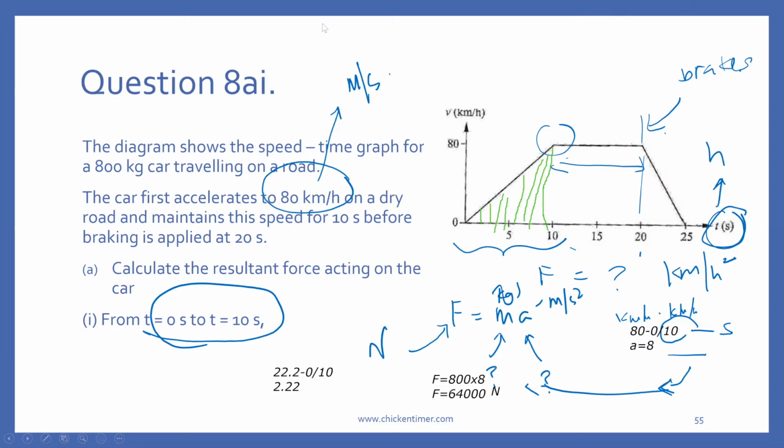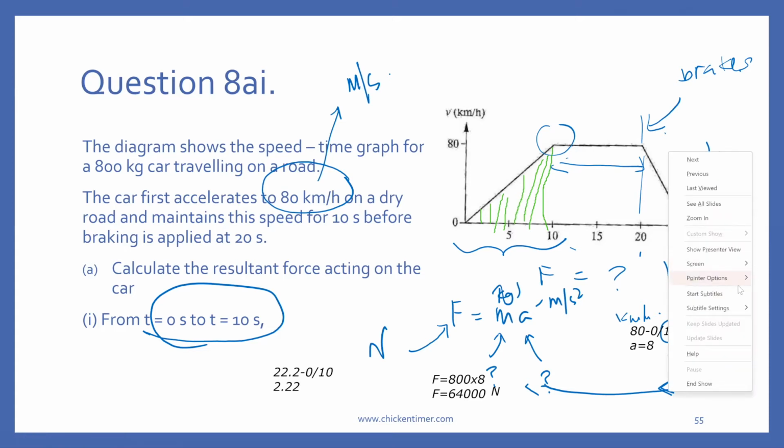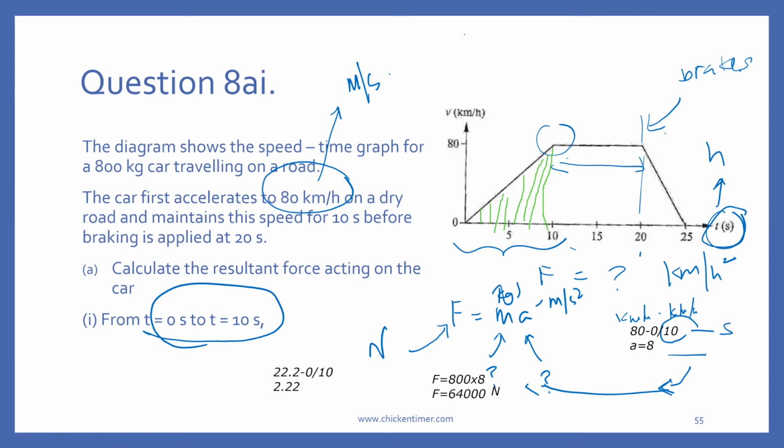Okay, how do we get 22.2? Let me convert 80 km per hour to meters per second. Okay, let's do a brief one there. So 80 km over an hour, then it will be 80 times 1,000 divided by 3,600 seconds.